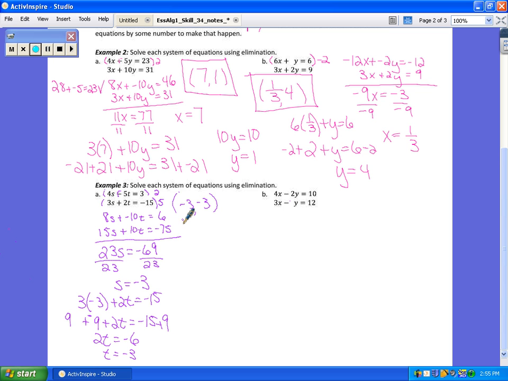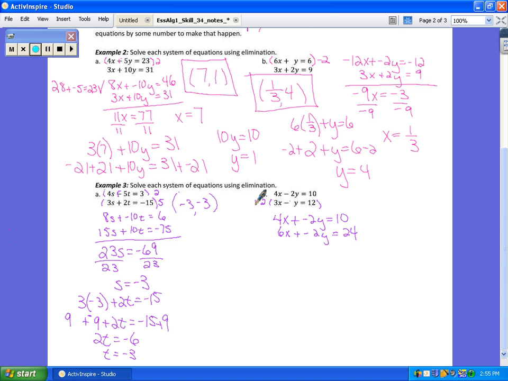Moving on to b, I could multiply this bottom equation just by a 2, and if I did that, I would get 6x plus a negative 2y equals 24. And if I go to add down, I wouldn't have a variable drop out because I really should have multiplied by a negative 2.